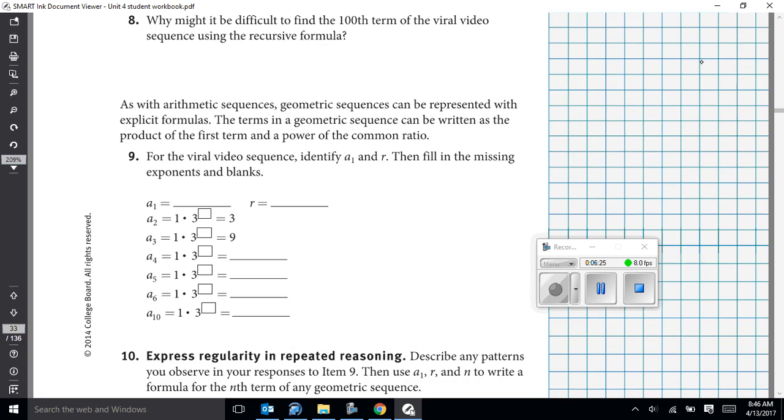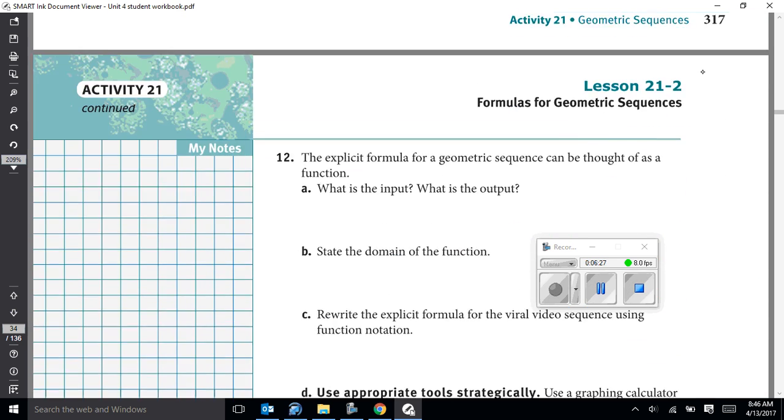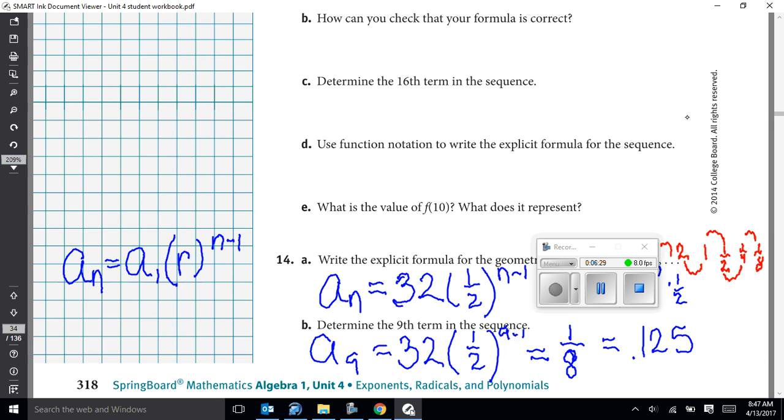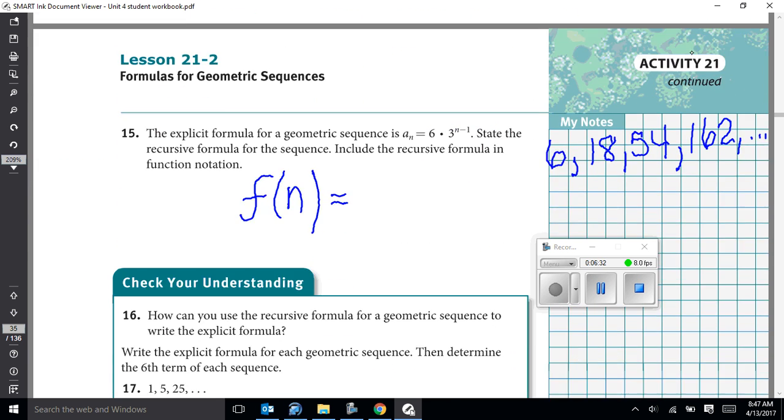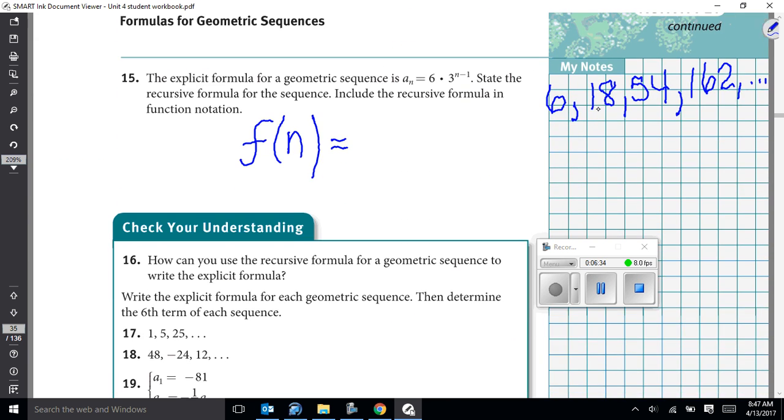So if we look at number 15, where you have to know the previous term, our recursive formula would be 6 times 3 to get our second term. And so then this would be our first term times our previous term.